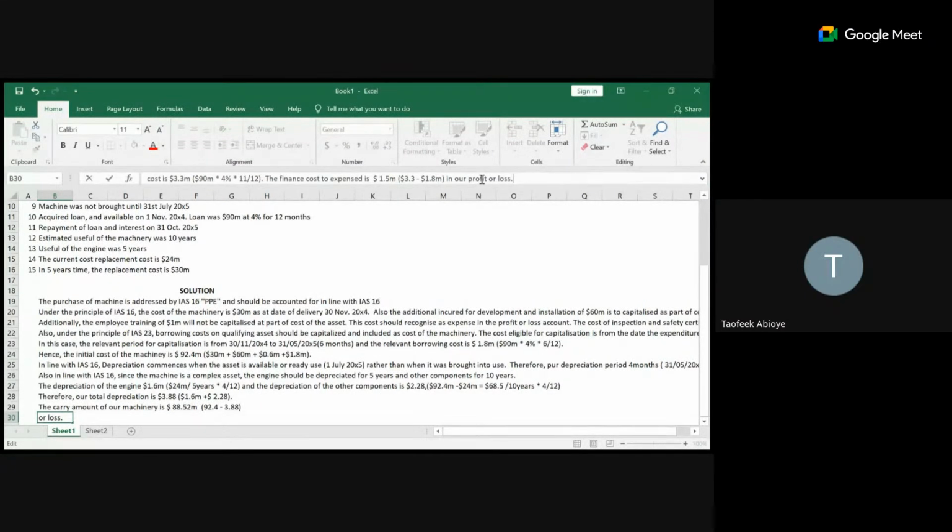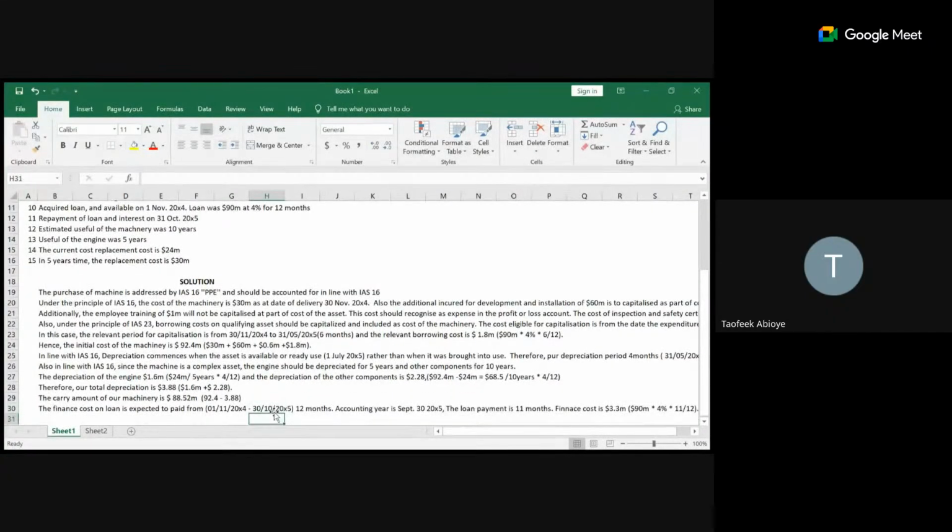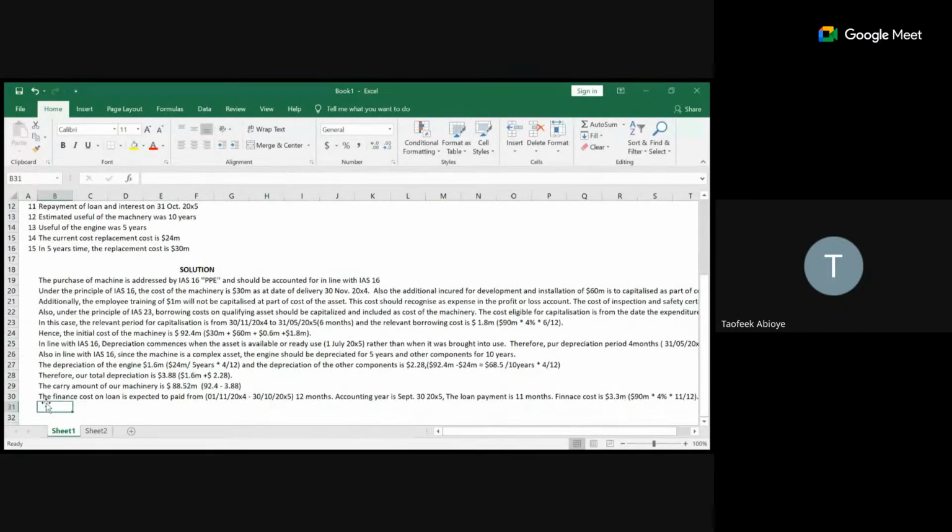So we capitalize 1.8. You deduct 1.8 from it, and that is it. That's the last thing we do. Then the closing balance of the loan is 93.3 million.